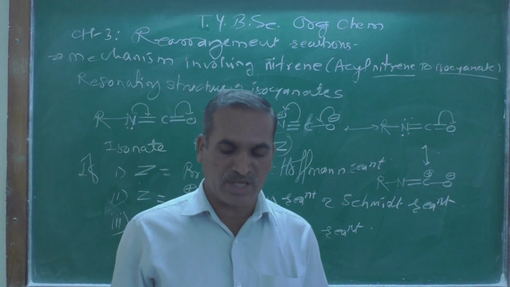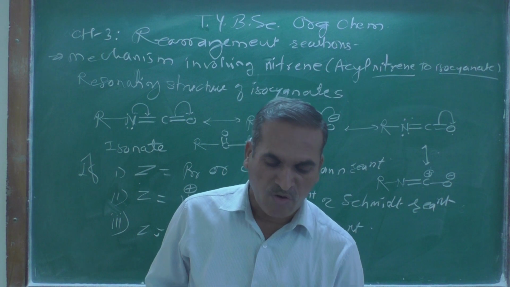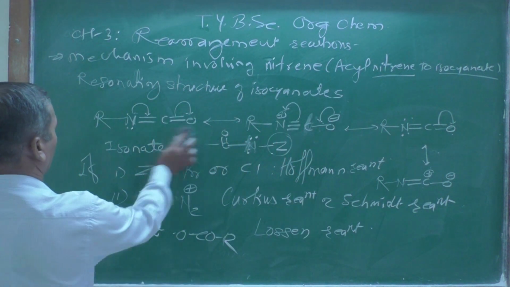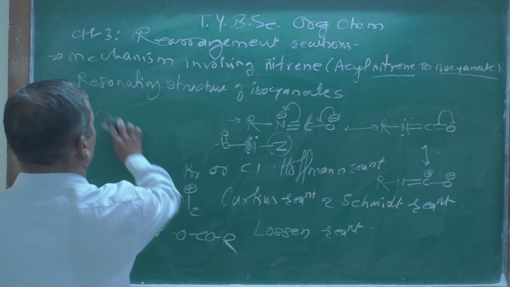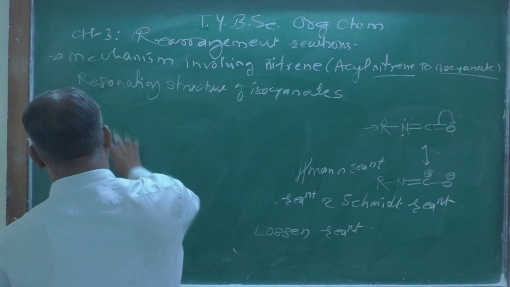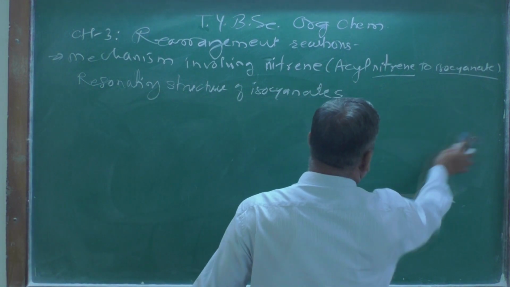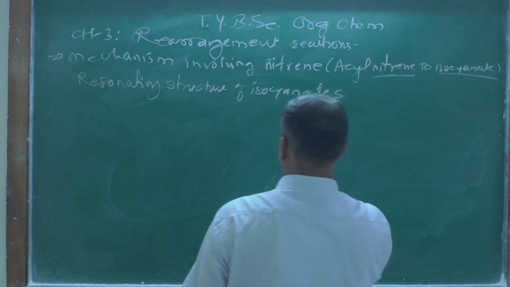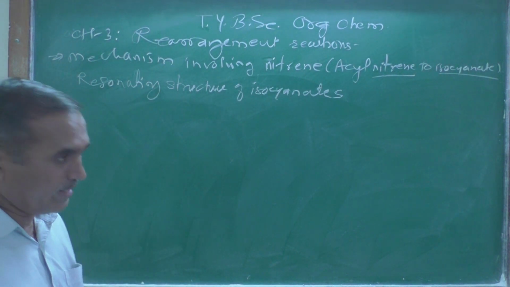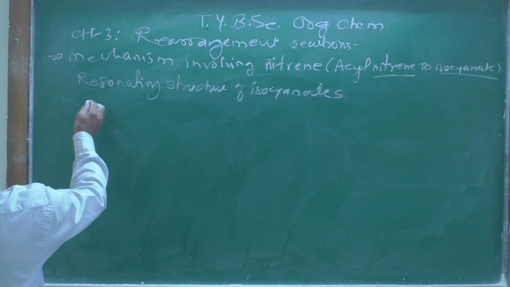And the common reagents used to form a nitrene are what we are going to learn here. What are the common reagents used to form a nitrene? Those are the common reagents we are collectively going to learn here.